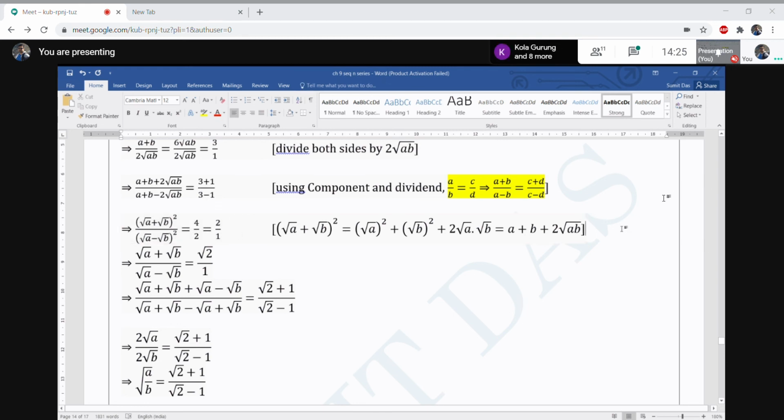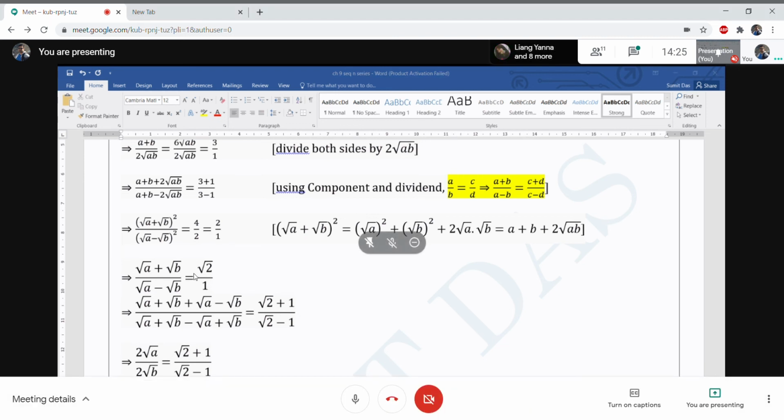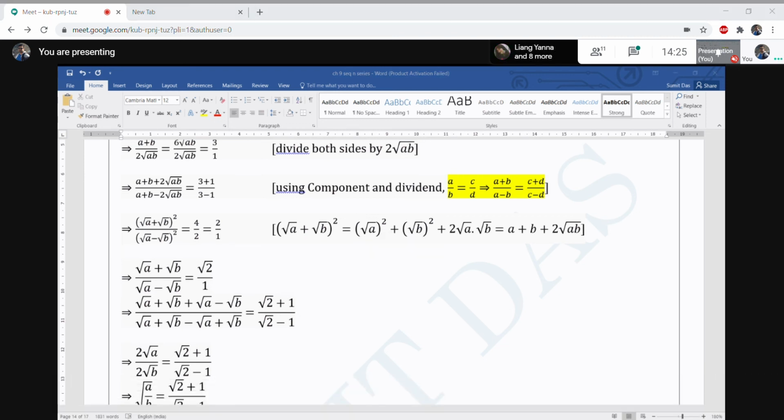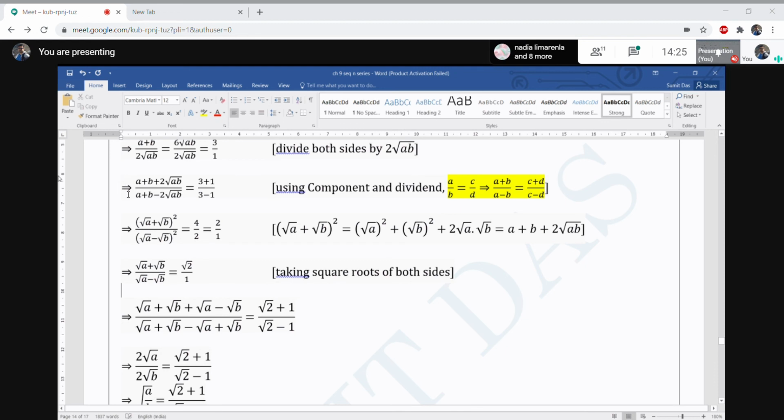Then we are taking square root of both sides. If we take the square root, the square will cancel.